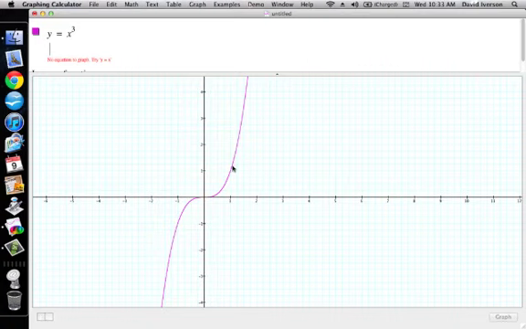So I can find an inverse function for this over its entire domain and its entire range. But if it doesn't pass the horizontal line test, it's only going to have an inverse over a restricted domain. And that's about all I really want to say in this video.